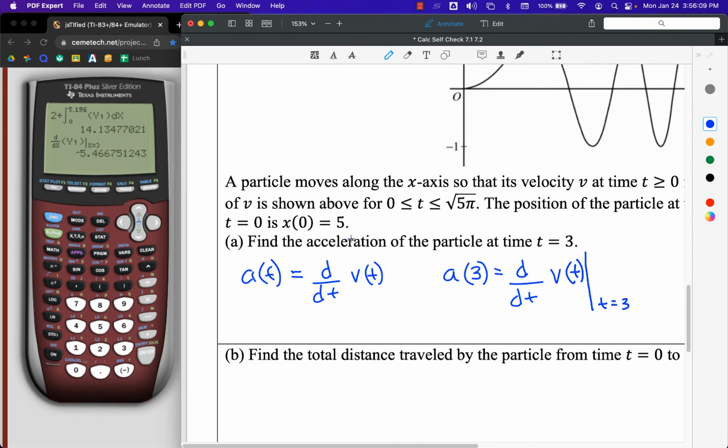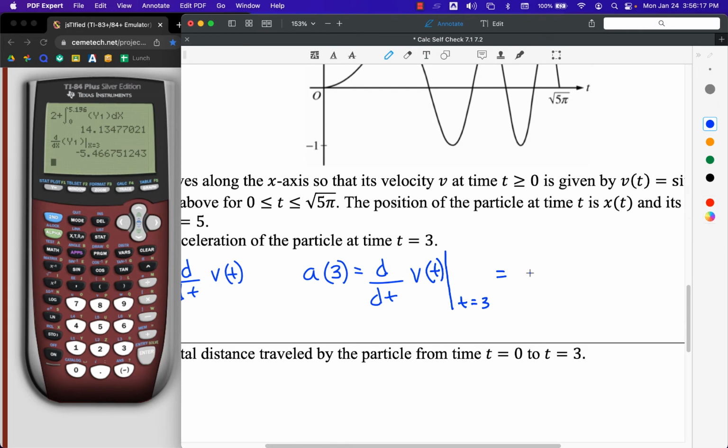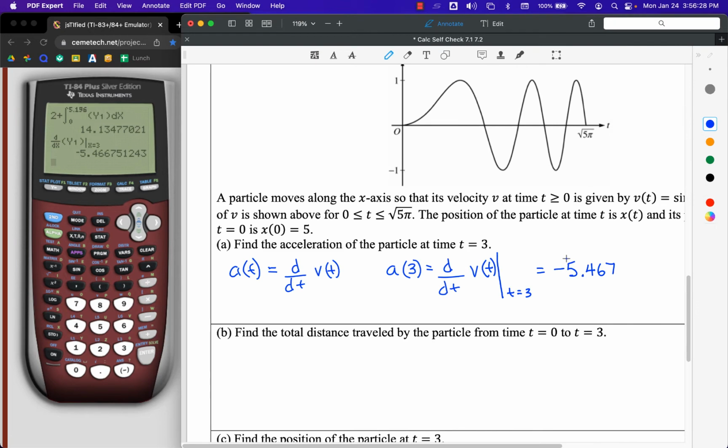I mean, it's essentially writing what I've done on the calculator. It's almost exactly that. These even have an evaluation bar in the silver edition. This thing is nice. And you just say, yeah, I got a number, and here's the number: negative 5.467. Nice and easy, just the derivative here.